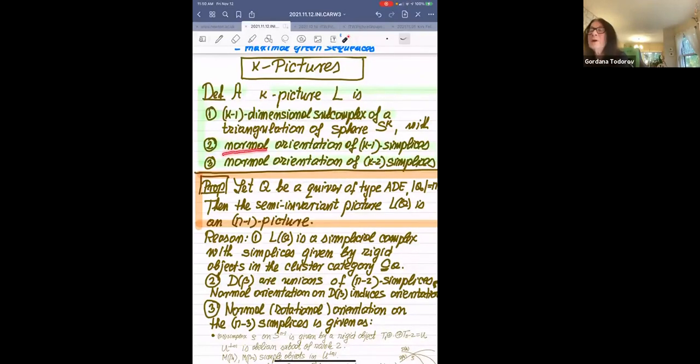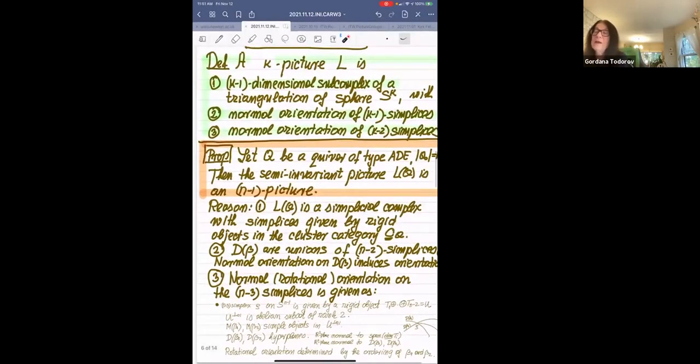Then we need normal orientation on K minus one simplices. And we need normal orientation on K minus two simplices. And the proposition which is being used is that if we start with Q, a quiver of type ADE, and N is the number of vertices, then the semi-invariant picture L_Q, which I defined above, is an N minus one picture in this formal way of being a picture.